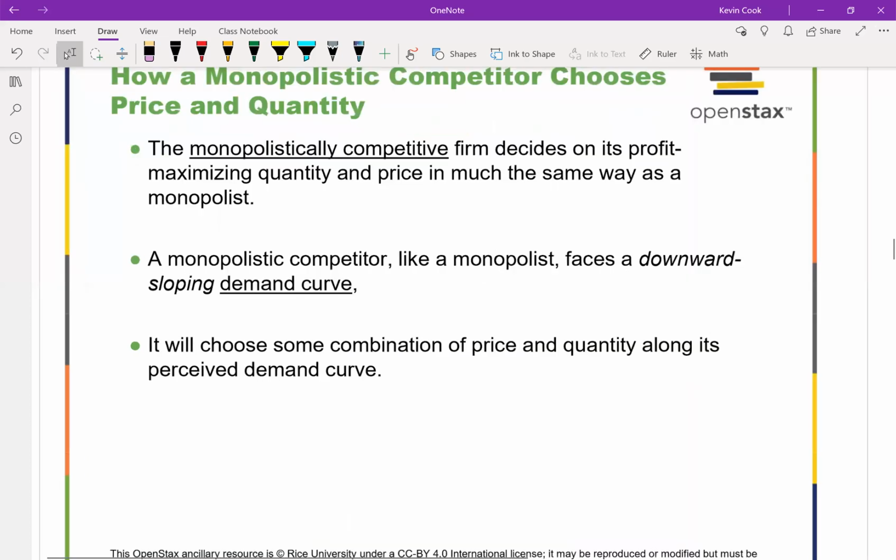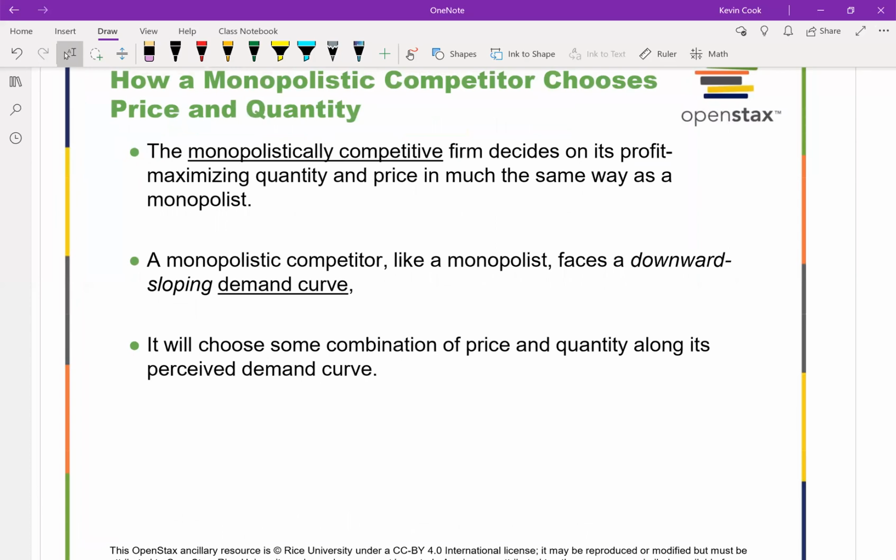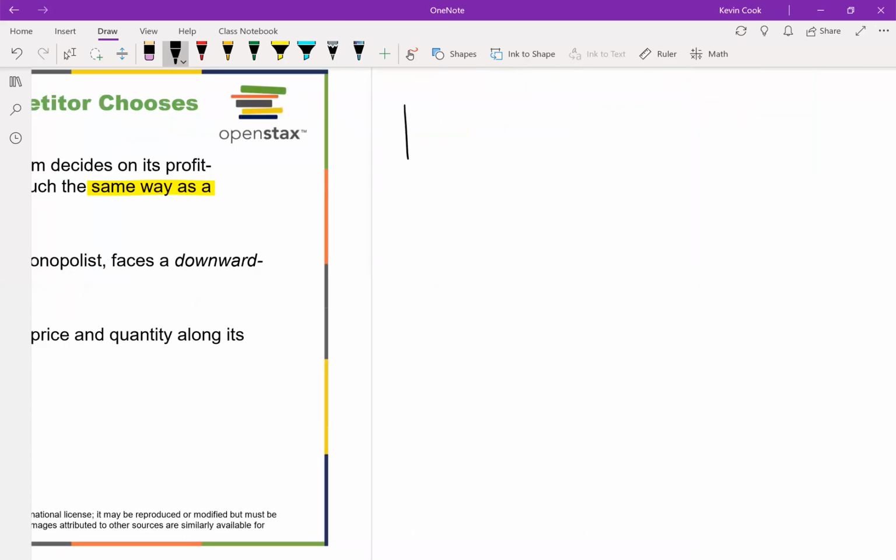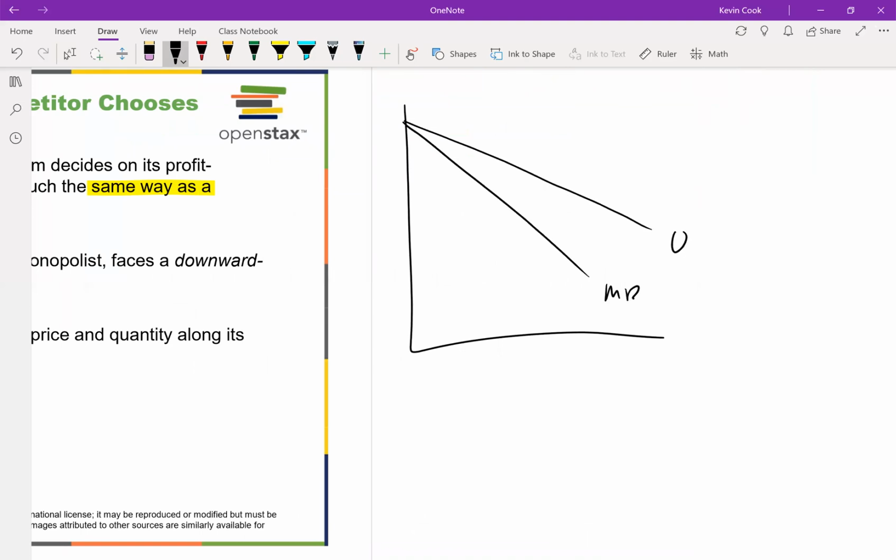What we're going to see is they're going to act pretty much the same way that a monopolist does. They're going to see a demand curve. Underneath that demand curve, they'll have marginal revenue, and so on. And then they'll have a marginal cost that maybe looks something like that.